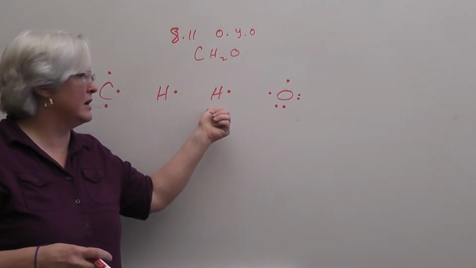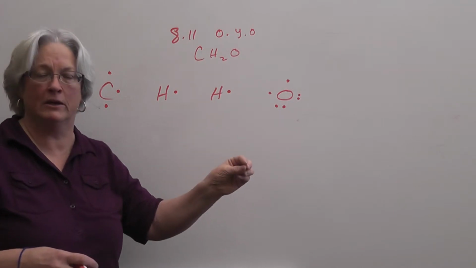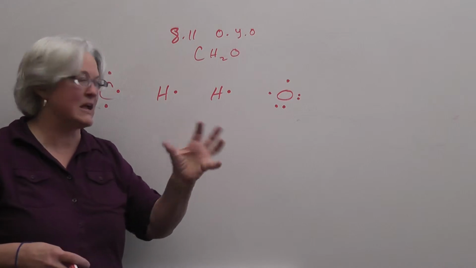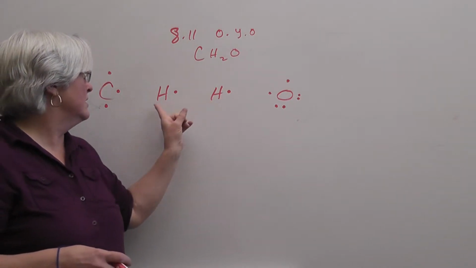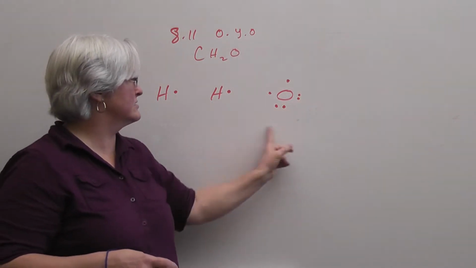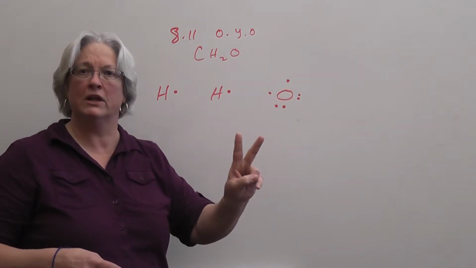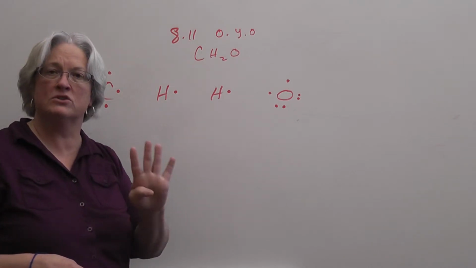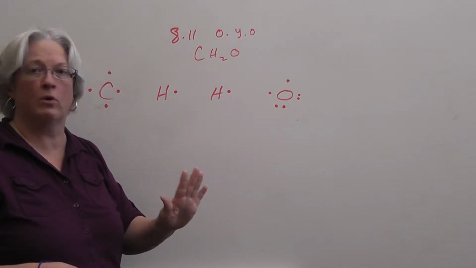Except you remember that hydrogen wants to make itself like helium. Helium only has 2 electrons in its outer shell. So hydrogen is looking for 1 electron. Oxygen has 6, so it needs 2 electrons. Carbon, however, only has 4, so it is searching for 4 electrons.